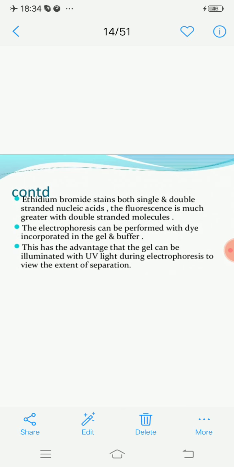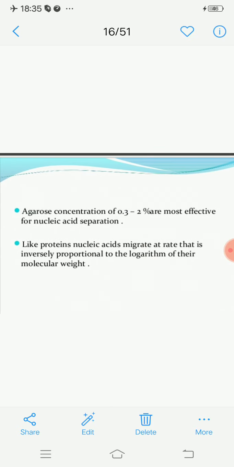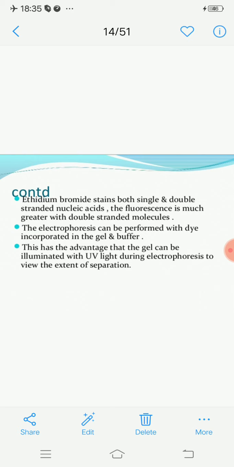Yes, this ETBR stain, this is all we are seeing up till now about the agarose gel electrophoresis. So ETBR stains both the single and double stranded DNA molecule, and the fluorescence is much greater with double stranded molecules.